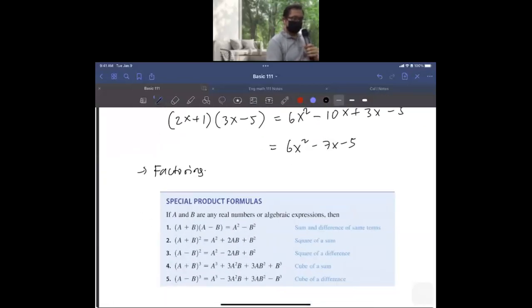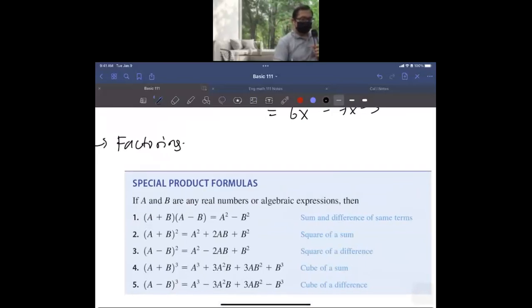Just a review, okay? So when we multiply polynomials, if a and b are all real numbers, we can have some specific products, we call special product formulas.